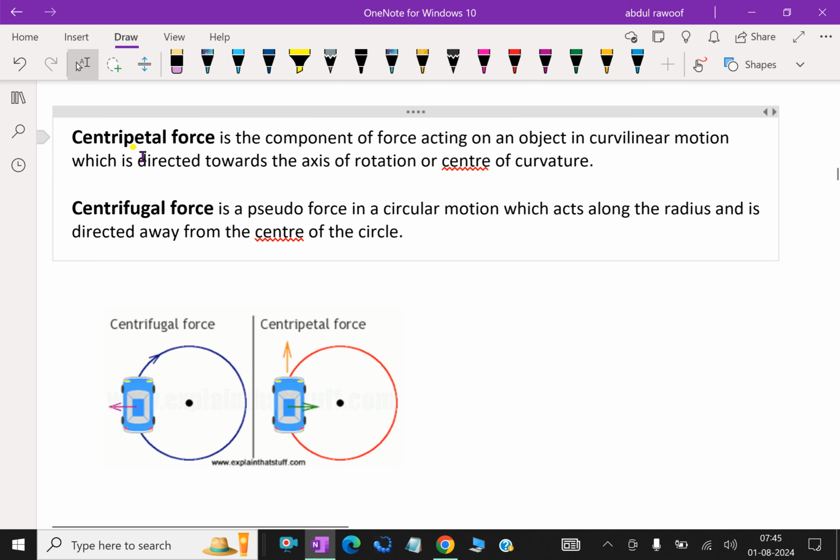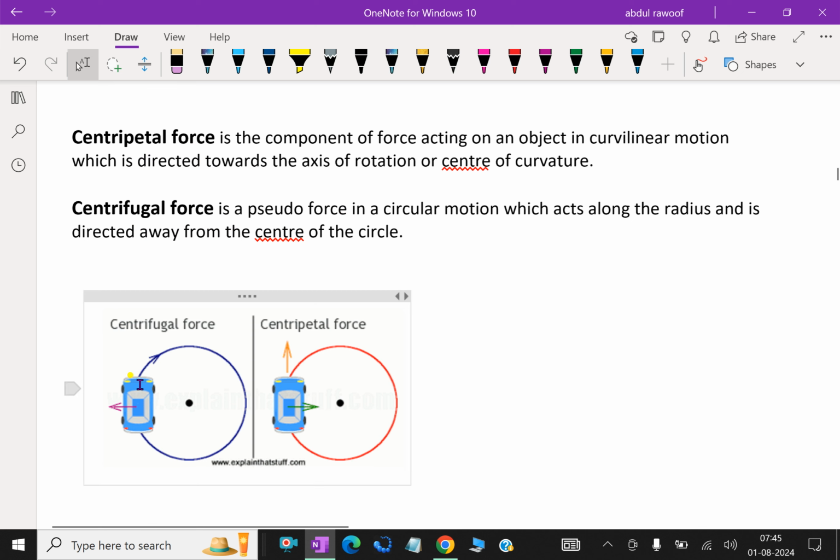Towards the center, it is centripetal force. Away from the center, it is centrifugal force. Here, a car traveling around a circular path wants to go outward. So this force is centrifugal force. Centripetal force is tangential to the circular motion.